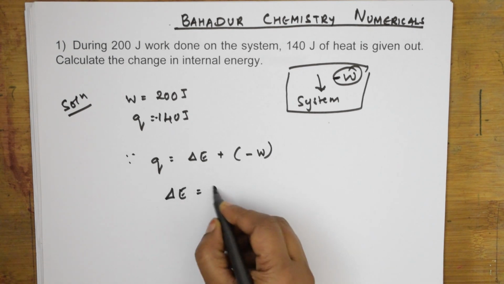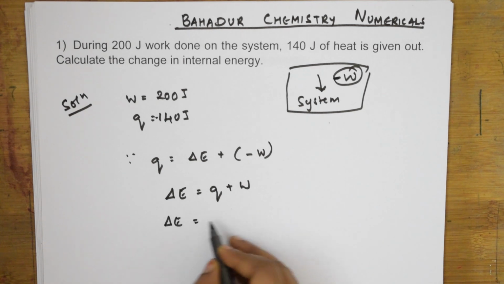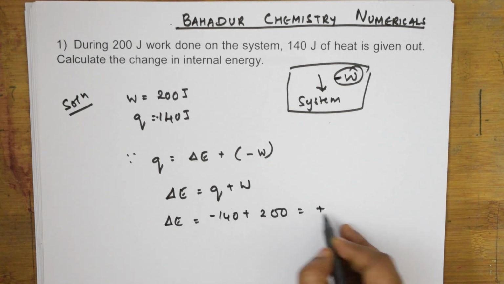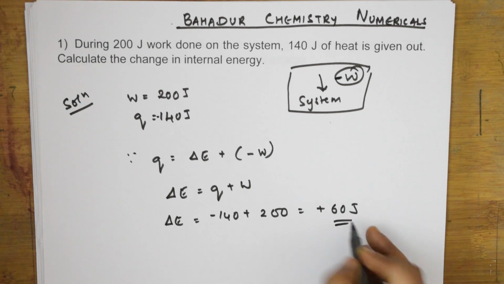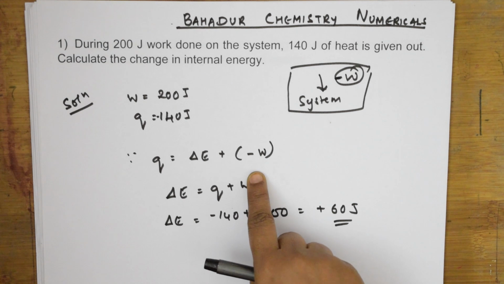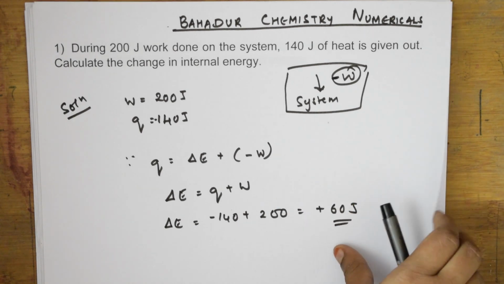Delta E is equal to Q plus W. Q is minus 140 plus 200, which is equal to plus 60 joules. Here minus W is work done by the system, isn't it? Yes, this is the concept. Remember this.